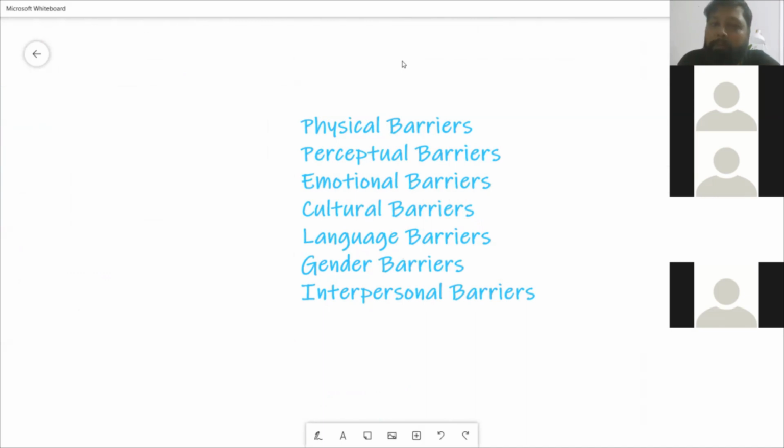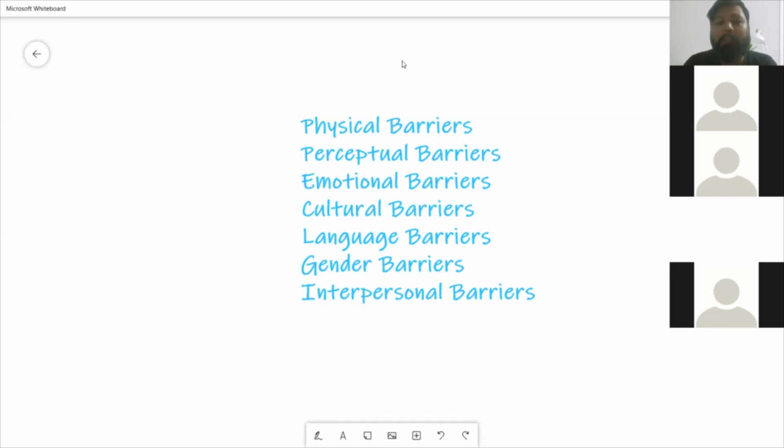These are not difficult things, and you do not have to memorize them. Just understand these. There is never going to be a question asking you to list these, unless it is a subjective type question paper. Hardly any examination asks you about the barriers in communication. But if there is one, I'm pretty sure that you will be able to answer it.